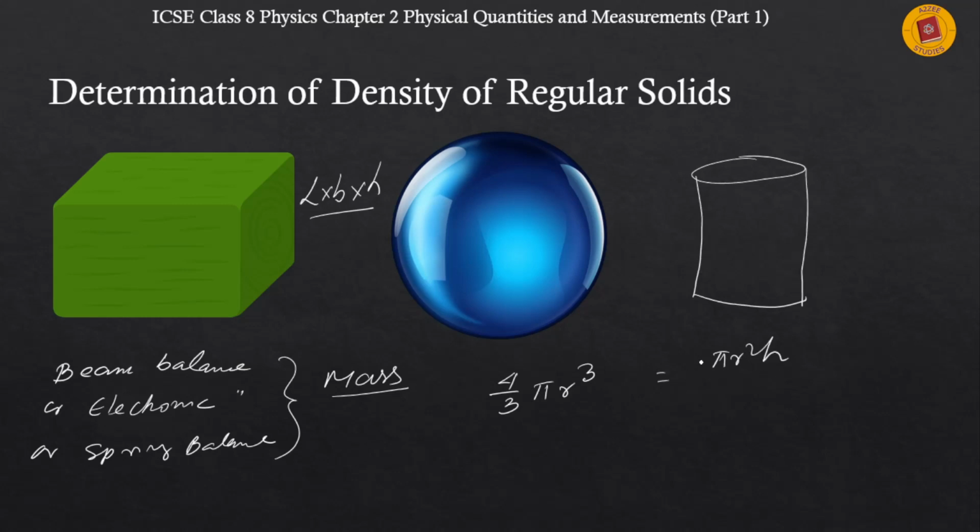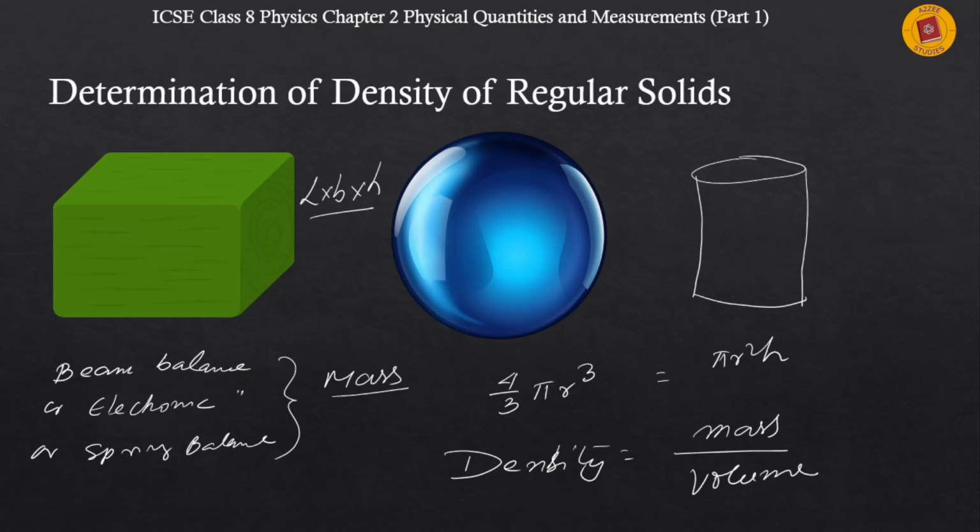So for every regular solid there is a specific formula from which we can get the volume, and we can easily measure the density, which is equal to mass divided by volume, right?